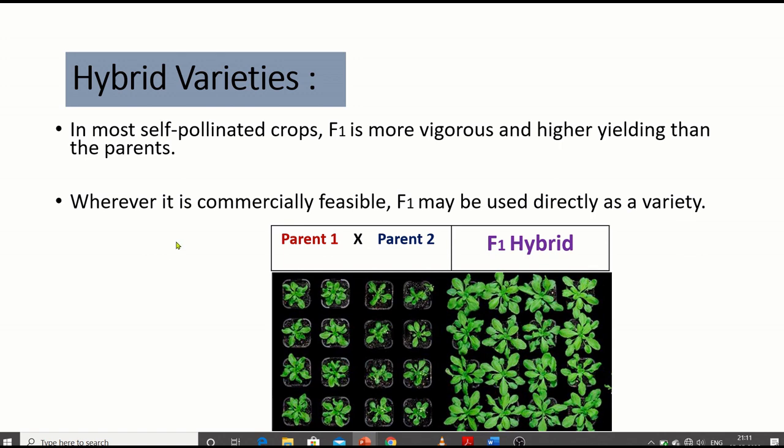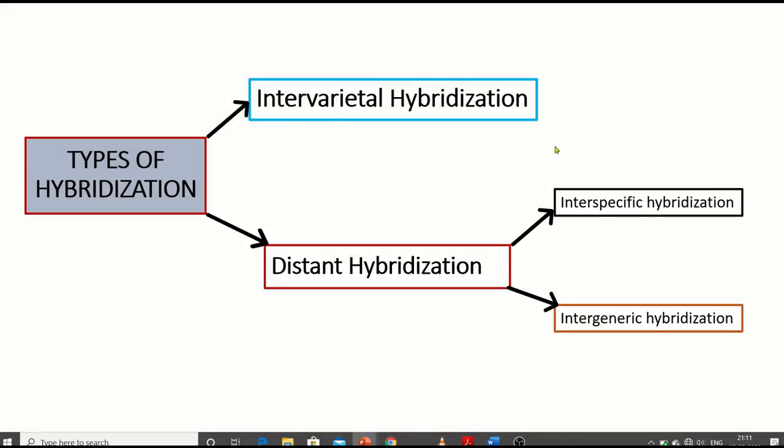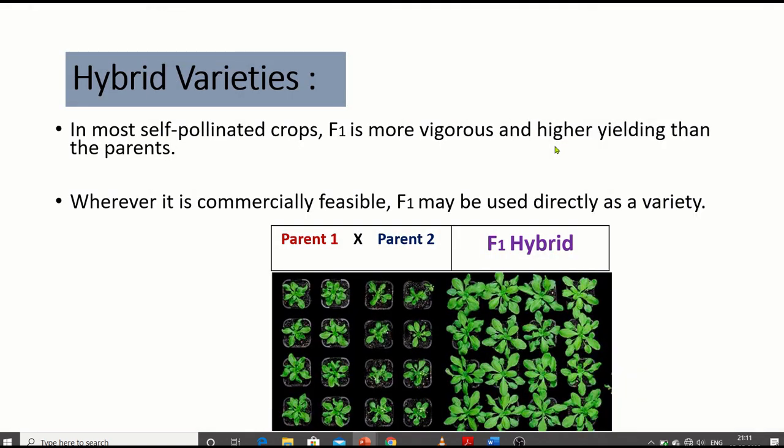Okay, we have three concepts of heterosis: dominance hypothesis, overdominance hypothesis, and epistasis. Okay, so the overdominance hypothesis is due to the heterozygosity.